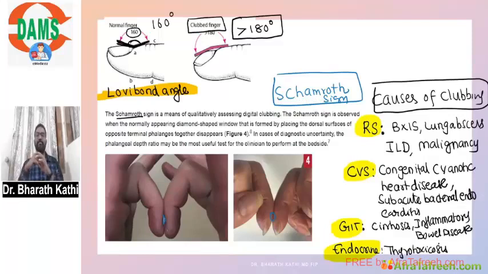Then there can be some fluctuation. Then there is the parrot beak appearance, drumstick appearance. Nowadays we are not using those terms anymore. We just see whether there is clubbing, yes or no, and what the possible cause of clubbing can be. So we will see, and accordingly we are going to evaluate.